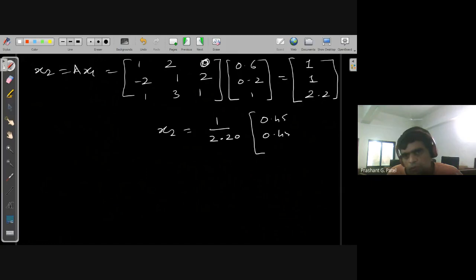This is also 0.45 and here it is 1. So this is our next value. Same way you can calculate x3, that is A into x2. So can you tell me what is the answer of x3?